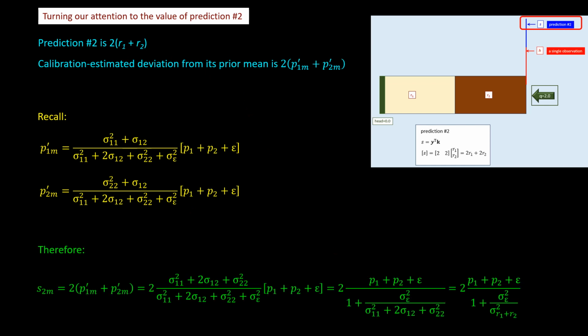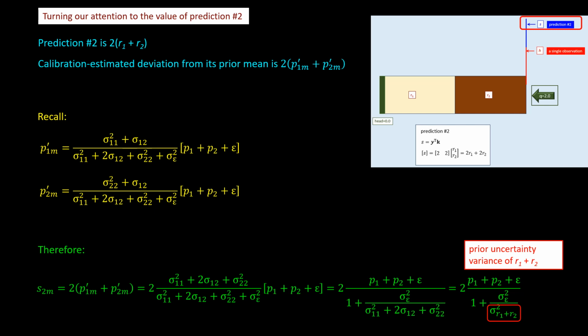If we do that, we obtain for the posterior expected value of prediction number 2 this expression here. And recall that this is the prior uncertainty variance of the sum of R1 plus R2.